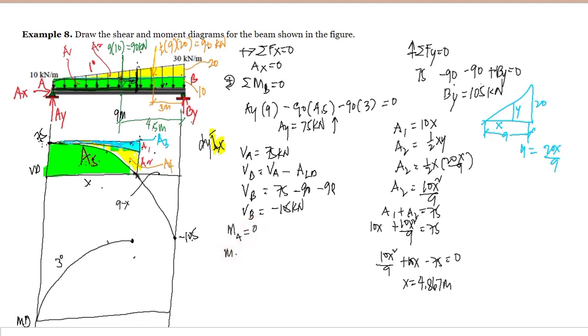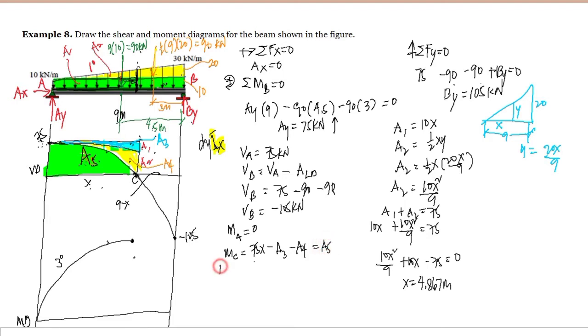And moment at this point here, pangalan natin point C, that is equal to 75x minus, bakit 75x? Ito rectangle kasi 75 and x. Minusan natin ng area 3 and area 4. Actually, that is equal to area 5.